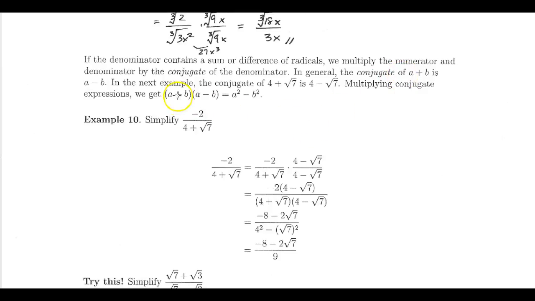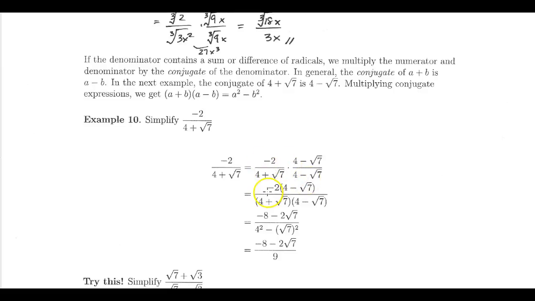And when we multiply conjugates, we get the difference of 2 squares. And so that's going to help us remove the radical from a denominator. So in this case, we have negative 2 over 4 plus root 7. And if we multiply that by 4 minus root 7 over 4 minus root 7, we'll be multiplying by the conjugate.